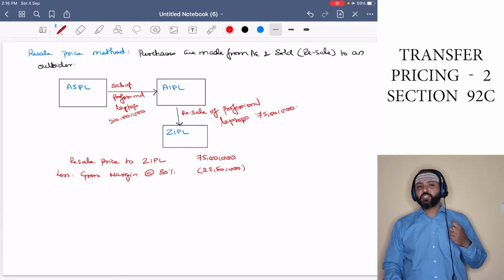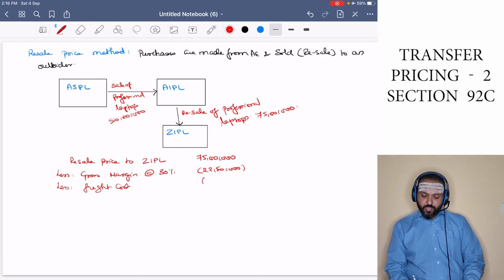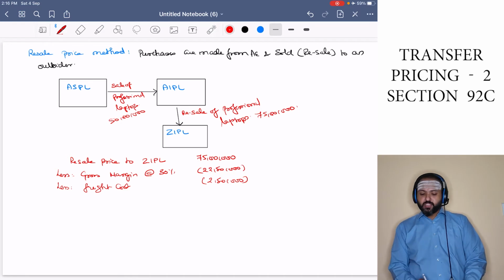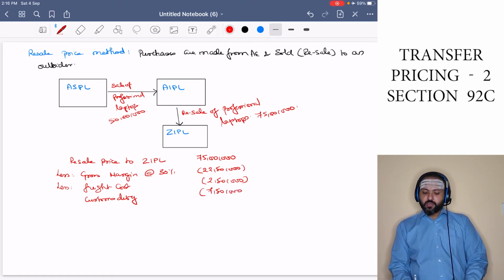These are adjustments which have been incurred for the purpose of the international transaction. Therefore, adjust those as well. So freight cost. How much is the freight cost? 2,50,000. And then customs duty has been paid. Customs duty has been paid for 7,15,000.